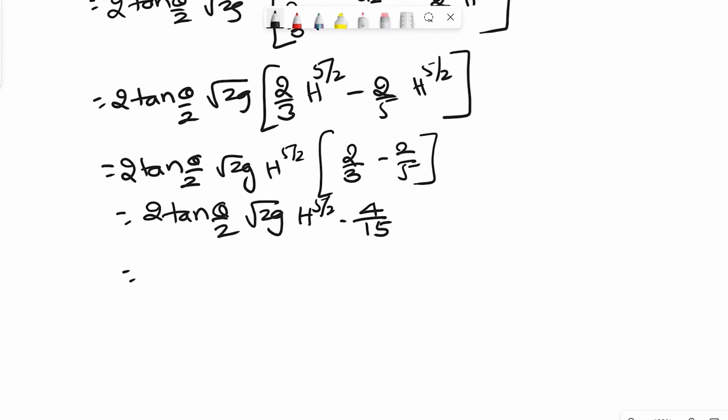So it is 8 by 15 root 2g tan theta by 2 into H to the power of 5 by 2.